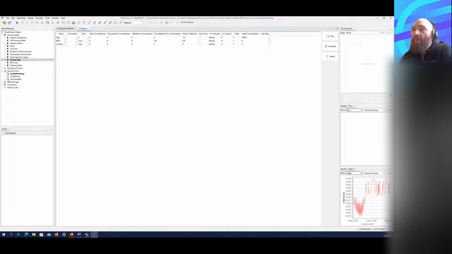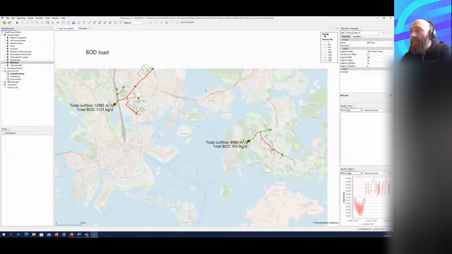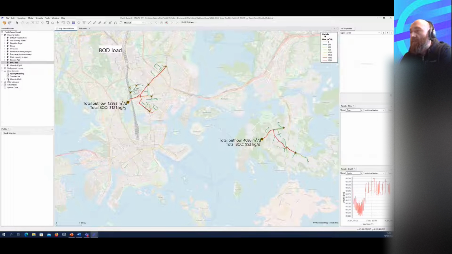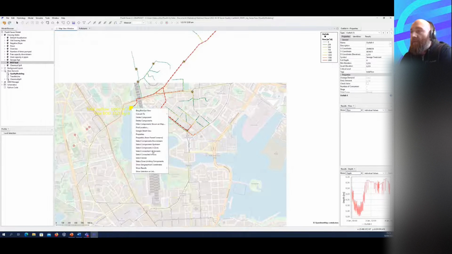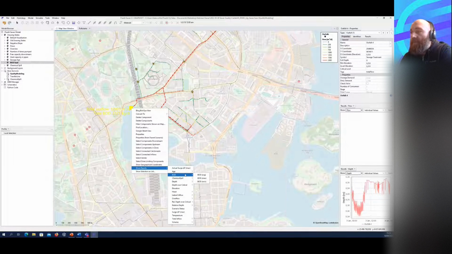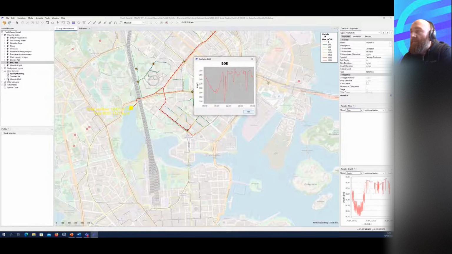So if I look at the BOD load for these facilities, I get 3,000 kilograms per day on the bigger one and 1,000 kilograms per day on the smaller one. And if I look at what is the concentration coming to the facility, it follows this type of trend.